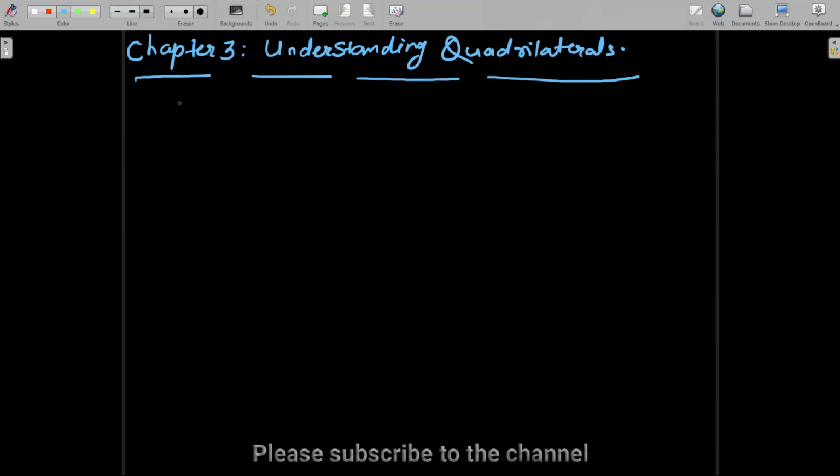Why do we have to know the properties? Because as we proceed further, in higher studies, let's say 9th standard, 10th standard, and even beyond, whenever you deal with geometry, some kind of mathematical problem, or area-related problems, quadrilaterals and their properties play a very important role.